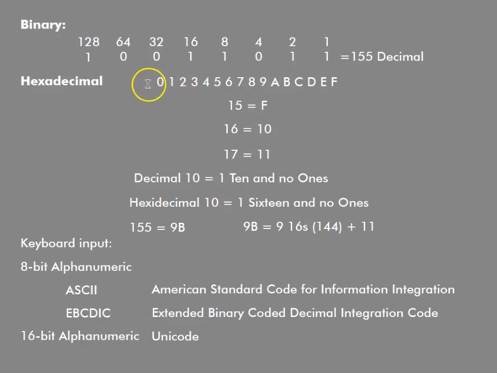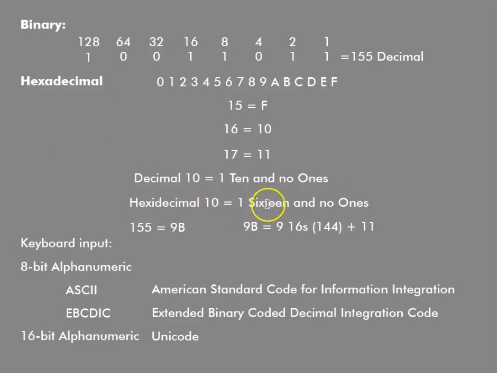In hexadecimal, your digits are 0 through 9, A, B, C, D, E, and F. So F is 15. 16 would be expressed as 1, 0. 17 would be expressed as 1, 1. Because it's a ones column and then a 16s column. Decimal 10 equals 1 ten and no ones.